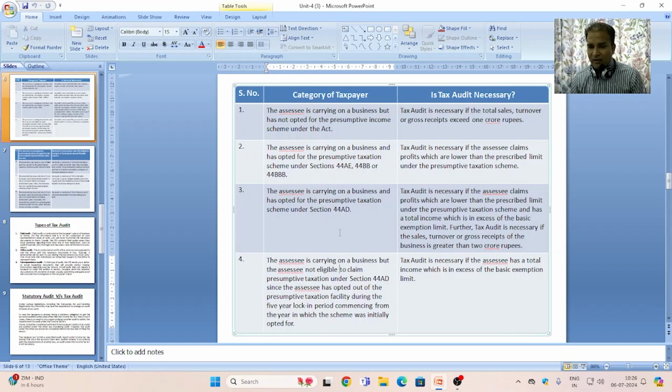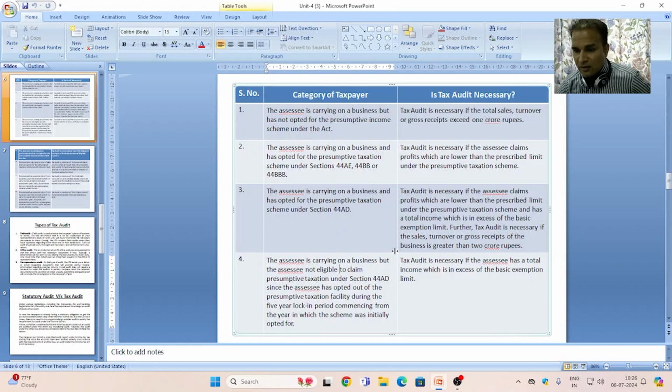Fourth category, the SSC is carrying on a business, but the SSC is not eligible to claim the presumptive taxation scheme since the SSC has opted out of the presumptive taxation scheme during the 5-year lock-in period commencing from the year in which the scheme was initially opted. Here, the lock-in period and the option to get out of the presumptive taxation scheme are included.